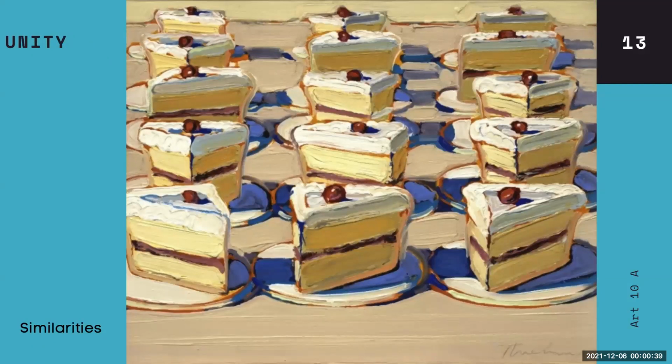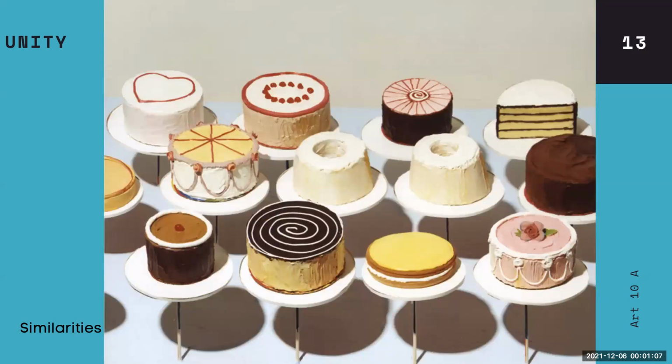Unity. So I wanted to jump back and talk about Wayne Thiebaud with unity. So even though in the first one I showed you, there was a variety of different types of pie, here we have the same artist exploring the same subject matter, but with unity, the same type of pie depicted over and over again with the same colors and the same hues, versus having more than one type.